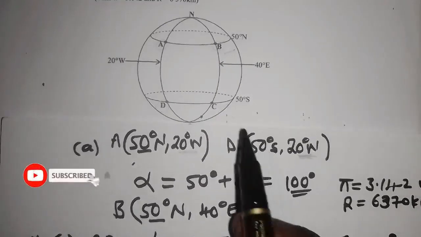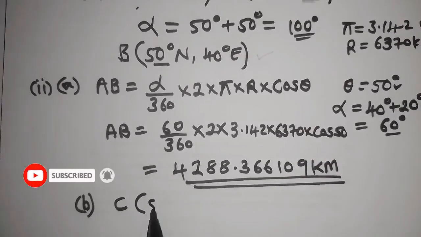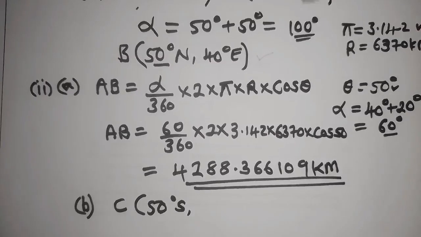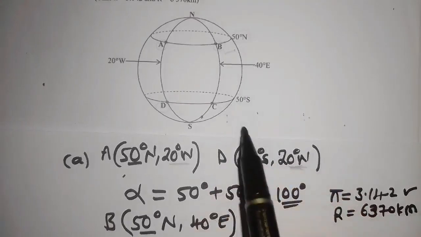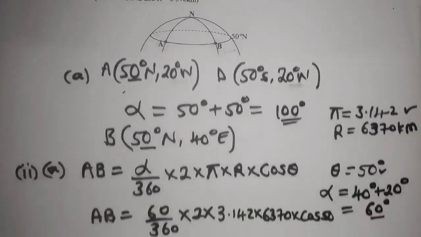Okay. So C is on 50 degrees south, comma. Then we have the longitude is this one. So the longitudes are these that actually run from north to south.